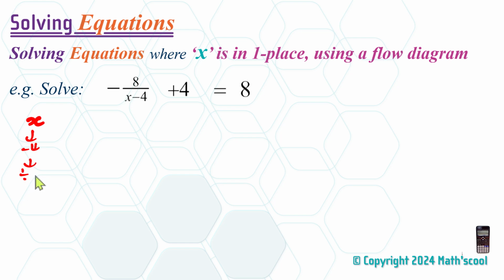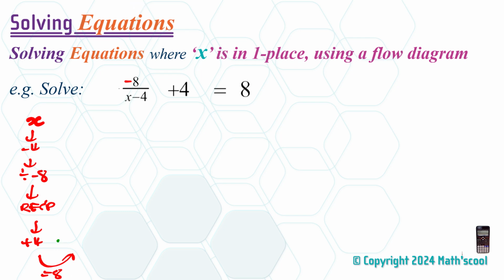I could say divide by minus 8, because that minus could just go on the top there, couldn't it? Instead of being there. Divide by minus 8. I've read the fraction the wrong way around, so I need to recip to get it the right way around again. And then plus 4 equals 8.